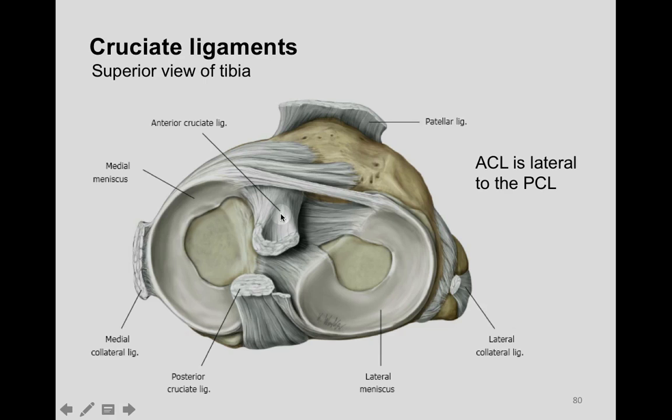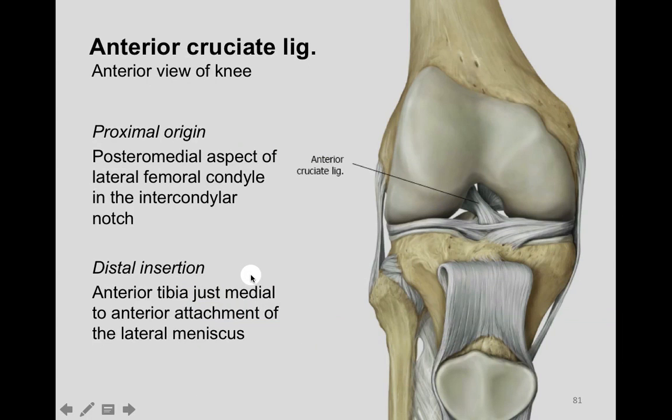So ACL is actually lateral to the PCL, as these two ligaments do what their name implies. Cruciate is referring to cross, so as these two ligaments leave their tibial attachment to move superiorly toward the femur, they will cross each other, with the ACL being lateral to the PCL. And here we can get a sense of that crossing with an anterior view of the knee with the patella reflected inferiorly.